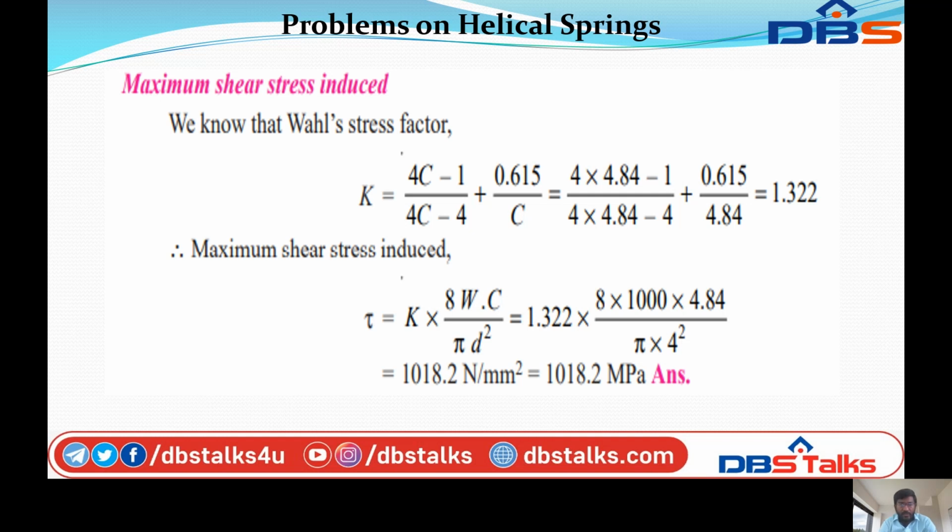Finally, you can calculate tau is equal to 1018.2 Newton per mm square, that is equal to 1018.2 megapascals. So this is the final maximum shear stress induced.